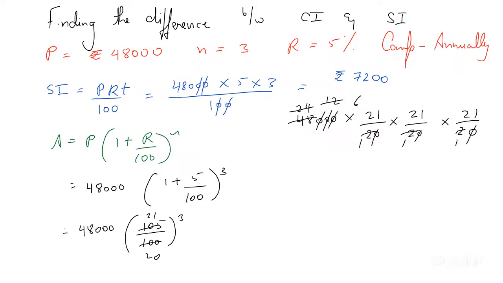For some reason, ma'am, I'm getting 5516.6 as my answer for the compound interest. How much are you getting, Abraham? I'm finding the amount to be 5,516.6. Okay.